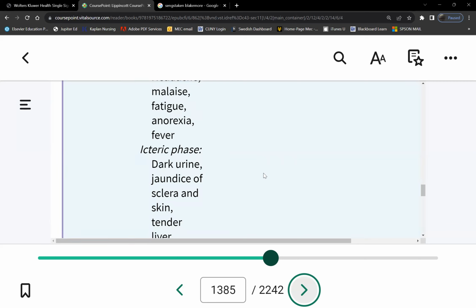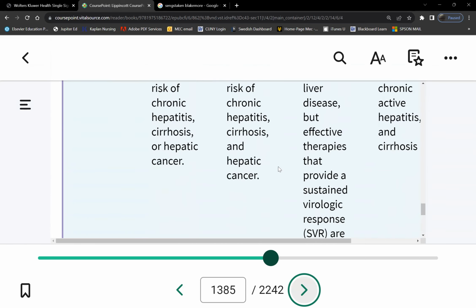For B, C, and D. So only A and E will have the acutely severe symptoms of the GI, the nausea, vomiting, diarrhea, abdominal pain, pruritus, and the jaundice, okay? Because this can lead to acute liver failure if not treated.